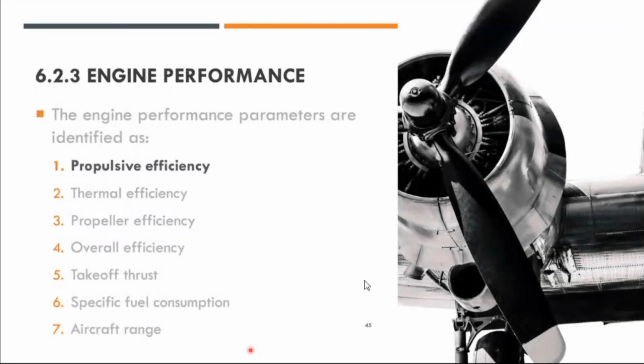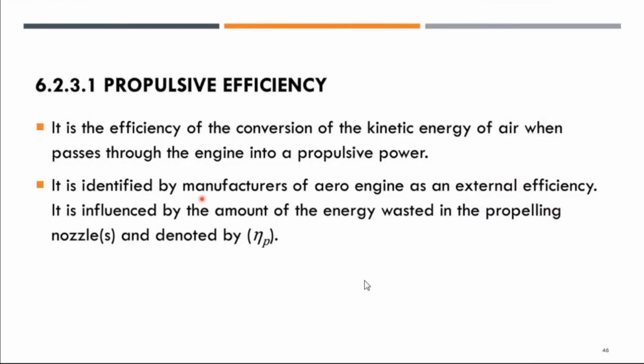Let us look into the first one, propulsive efficiency. So what is actually propulsive efficiency? It is the efficiency of the conversion of kinetic energy of air when it passes through the engine into propulsive power. So you want to convert kinetic energy of air into propulsive power, and that is what we call the propulsive efficiency.